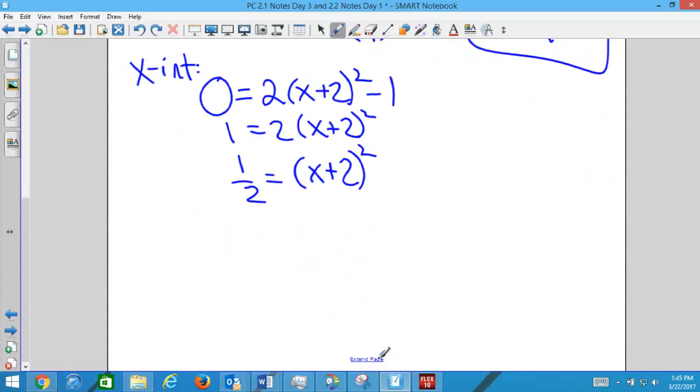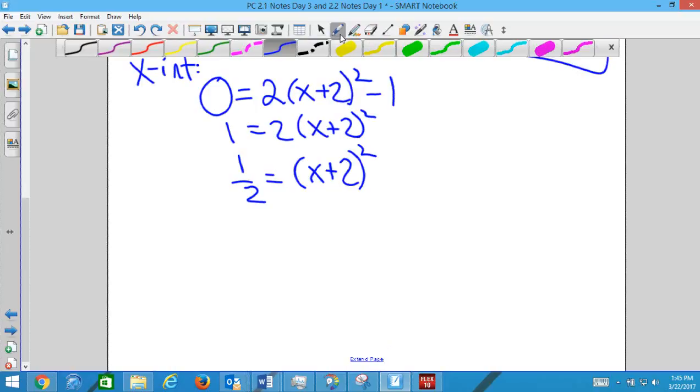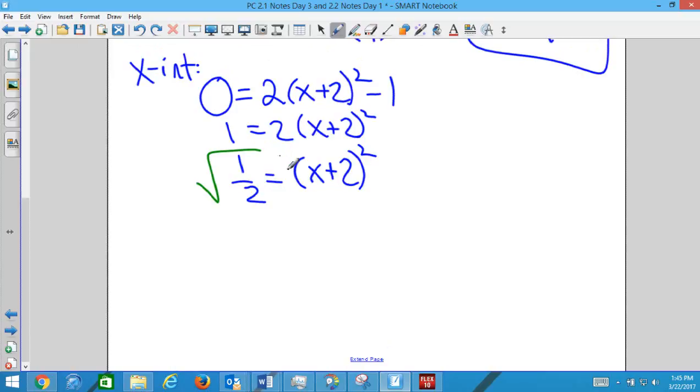So what do I need to do at this point? Square root, but what if I square root? What do I have to also do? Plus minus.